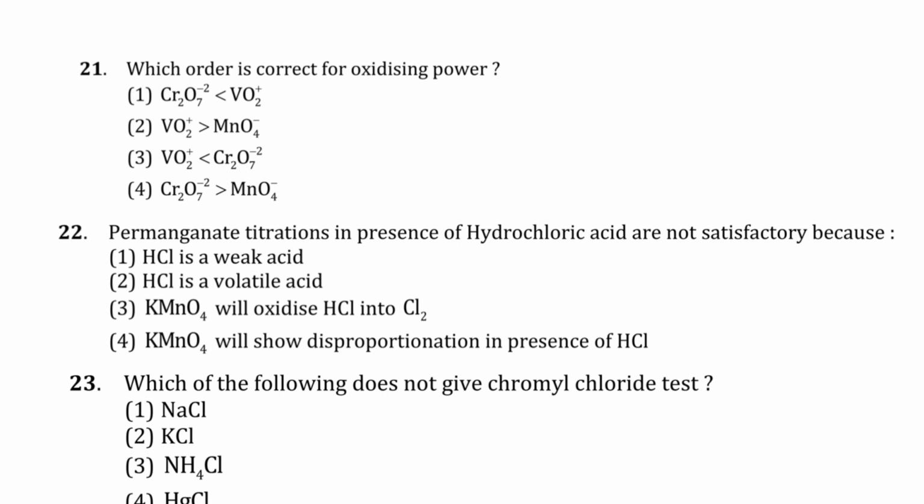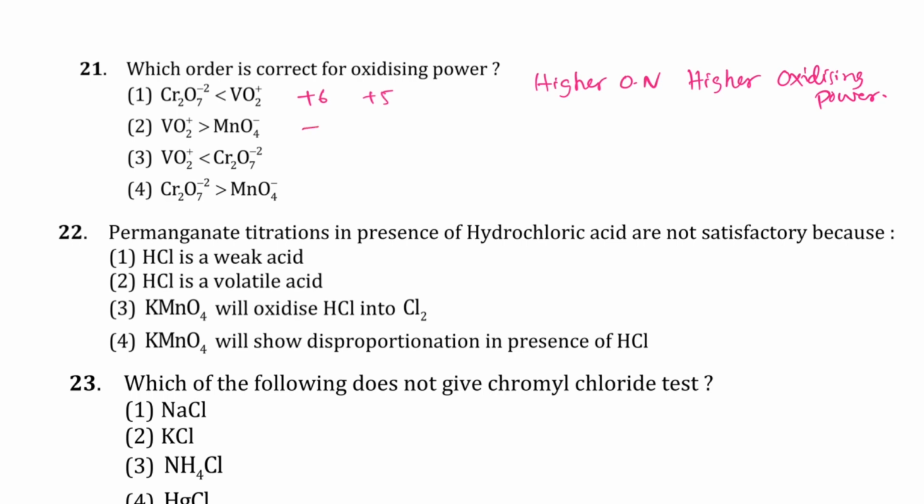21st question. Which order is correct for oxidizing power? The higher the oxidation number, the higher the oxidizing power. So according to this, the first one has the +6 oxidation state and the next one has the +1 oxidation state.